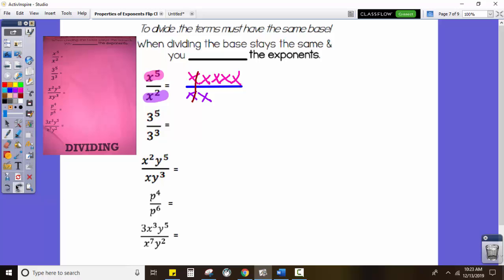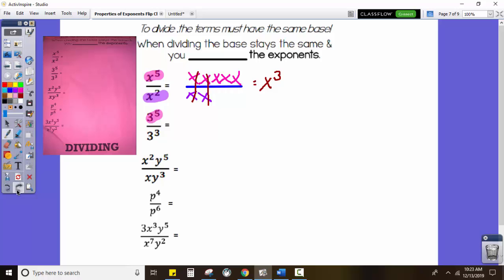What I have left over is these three x's here, which would be x to the 3rd power. Remember, if I subtract the exponents, 5 take away 2 is 3, and so that's where the rule for dividing exponents comes in. But when in doubt, write it out. And in your flip chart, you're going to want to have it written out so that you can see why it worked to subtract the exponents.